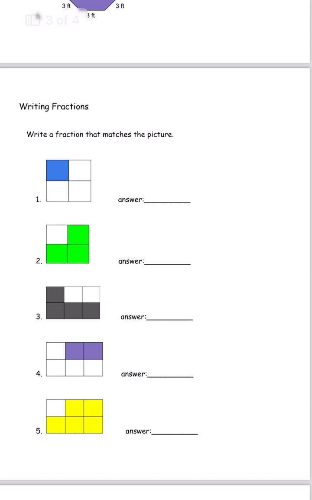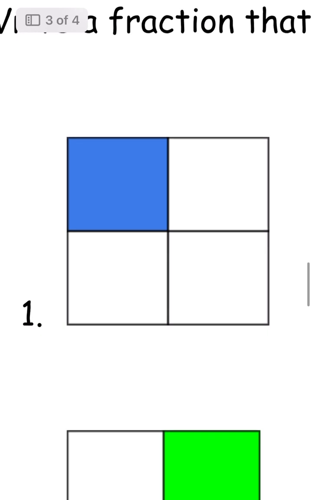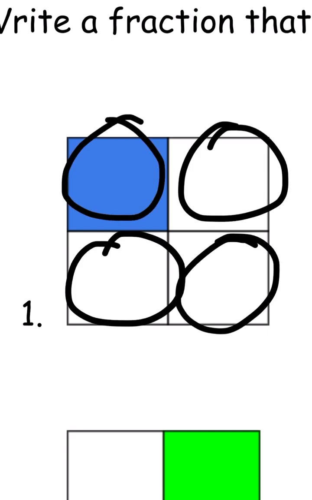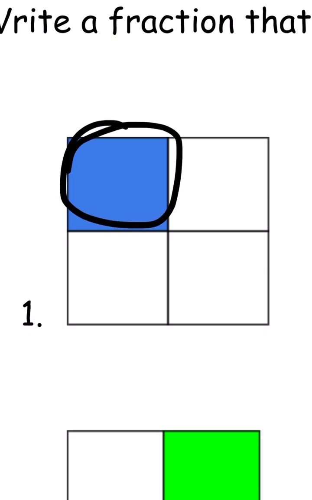So for this page, you have to write a fraction that matches the picture. So let's try it. Let's try number 1. So if you look at number 1, there are 4 boxes, right? 1, 2, 3, 4 places to shade in, and then only one part is shaded right now.